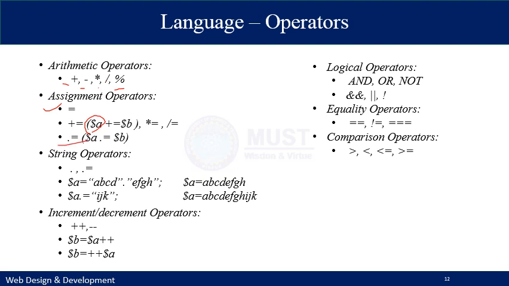Similarly, dot equal to is used to add if the operands are numbers, and it will concatenate if the operands are strings.